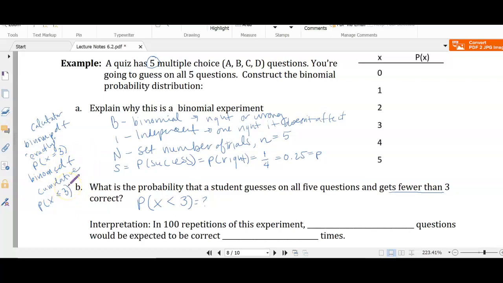Before we go through and do B, which neither one of these is that scenario, let's go through and figure out the probability X equals 3 exactly. Because we want to know that we're going to get exactly 3 correct out of our guesses, we're going to be using our binom PDF.